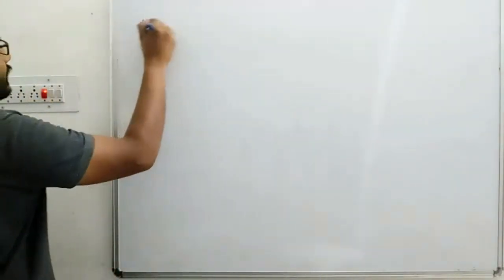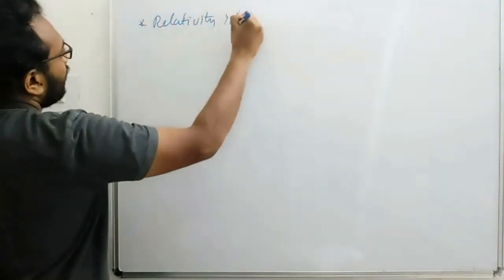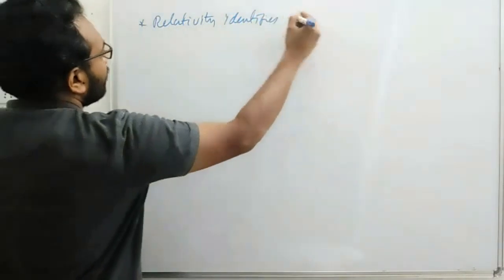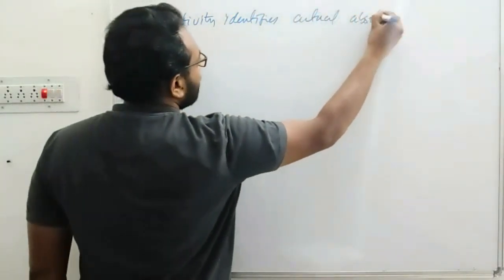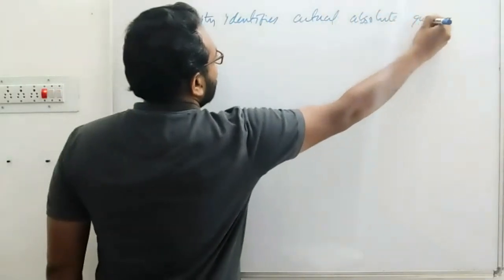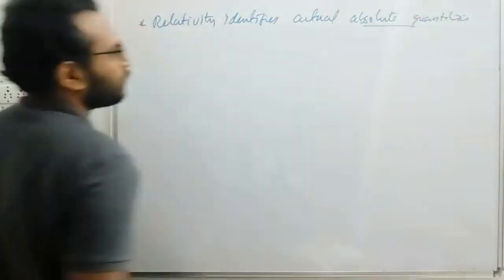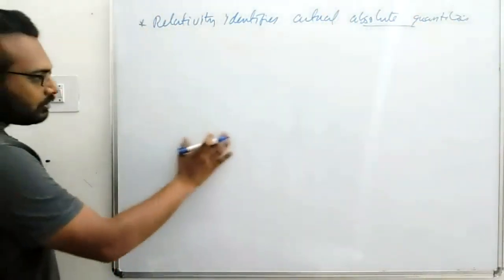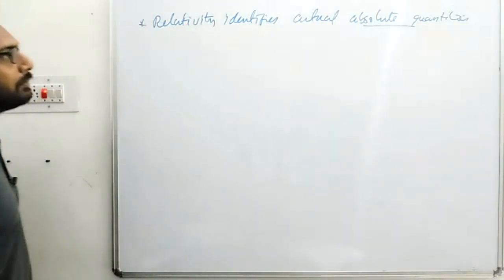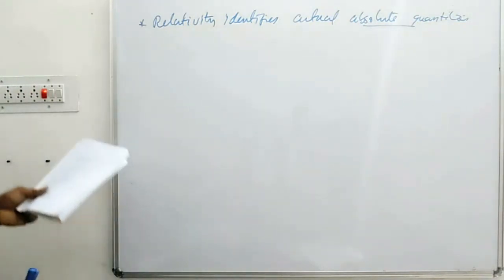No, actually, relativity identifies actual absolute quantities. Not everything is relative. There are absolute quantities, and from time to time we'll get used to some of these absolute quantities. Some of them we have to memorize. They can be asked directly. And one such important quantity is this combination.